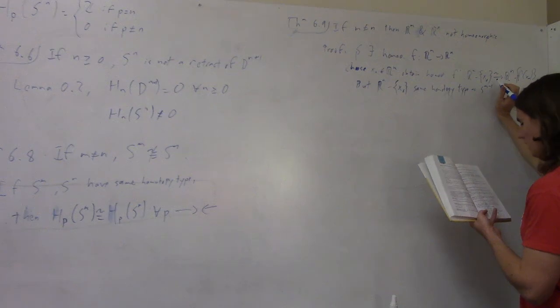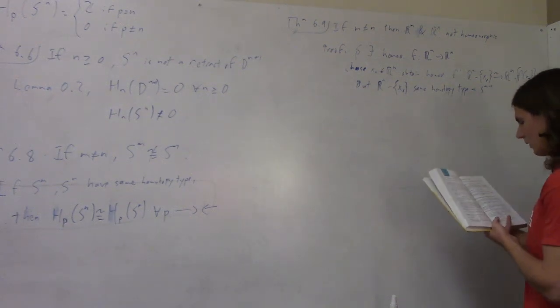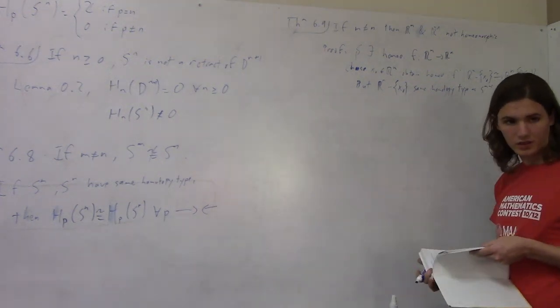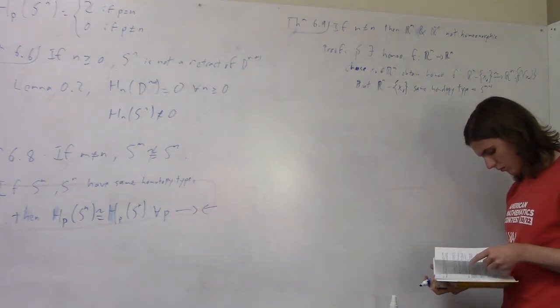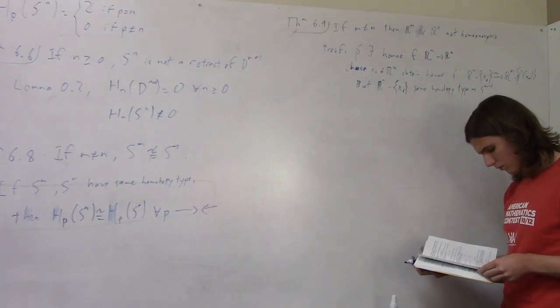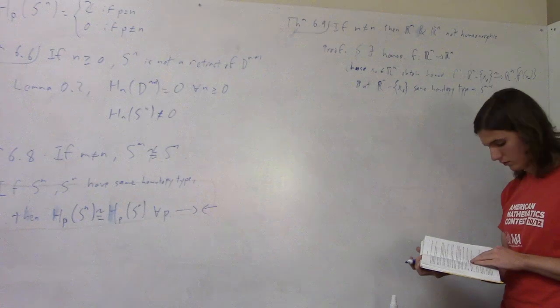Minus 1. How do we know that? I think we proved it before, it's exercise 1.29. I guess it's the stereographic projection, or whatever the generalized version of that is.